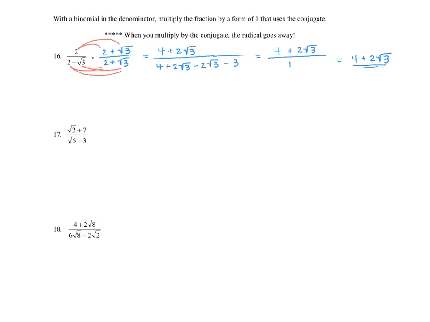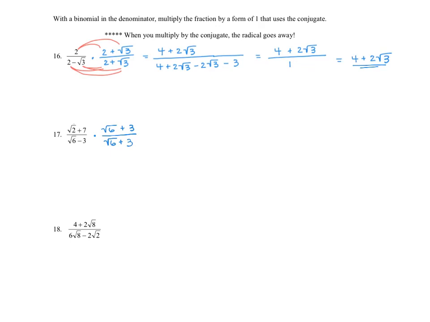In example 17, the conjugate of the denominator would be rad 6 plus 3. So we'll multiply the numerator and the denominator both by rad 6 plus 3. And this time we'll need to FOIL, or double distribute, in both the numerator and in the denominator.